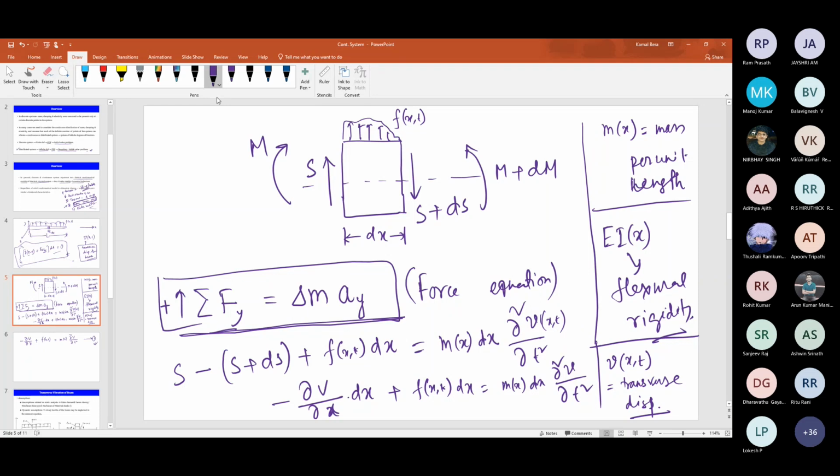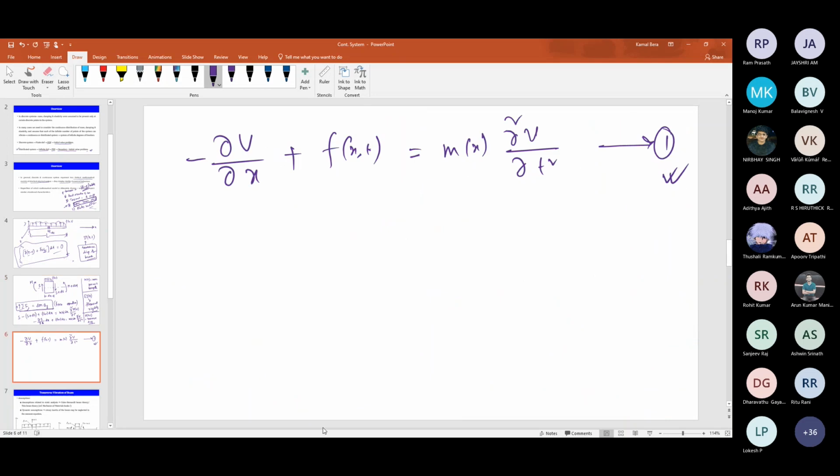While writing manually this can be confusing, right? What is small v and what is capital V. So S is the shear force, and v is my transverse displacement.